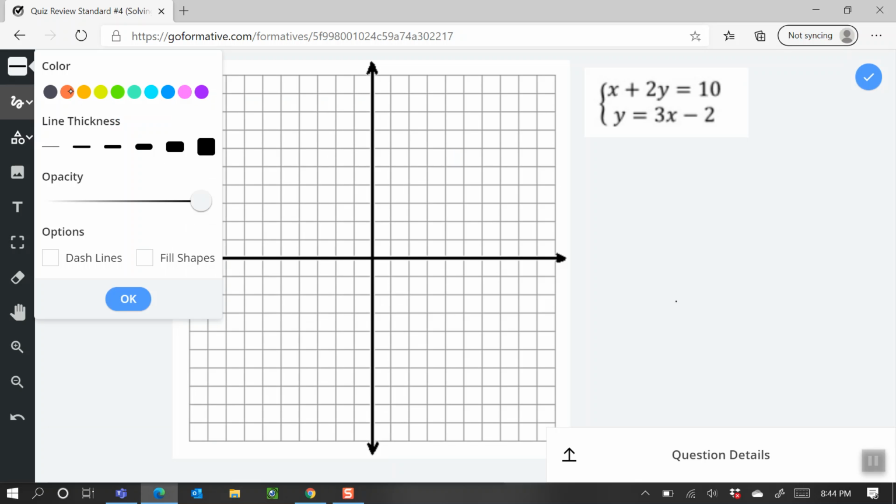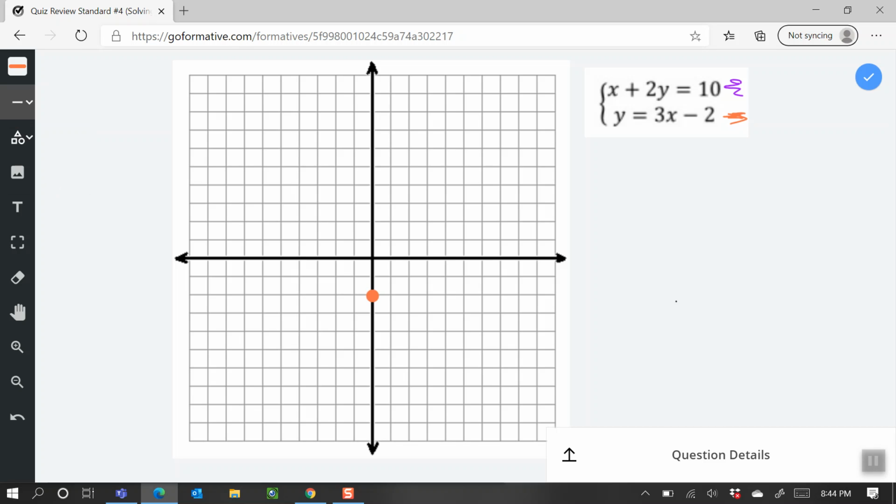Change my color to orange. This is going to be orange. This one's going to be purple. The orange one is already solved, so I'm going to go to -2. And then change my line. My slope is up 3/1, up 3/1, up 3/1.